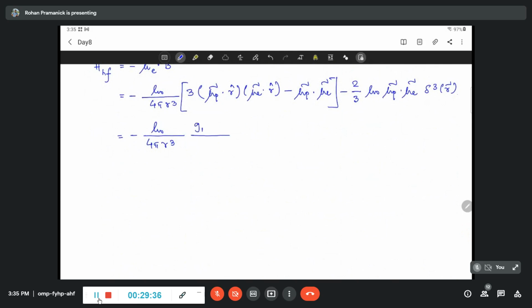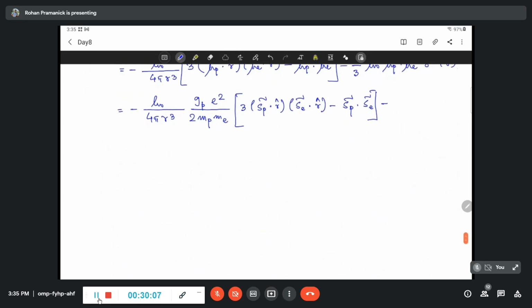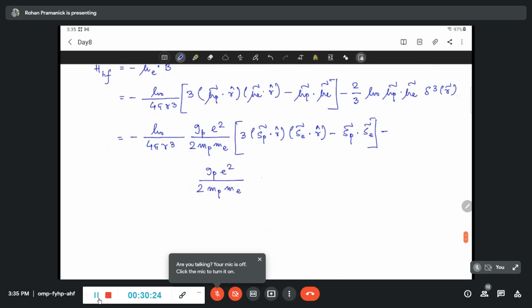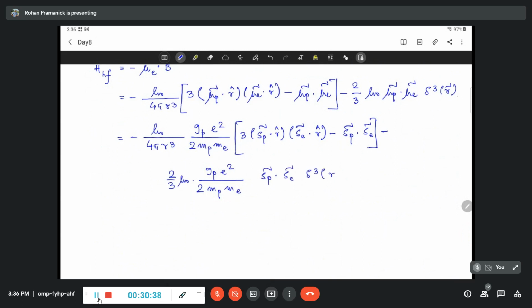So this is g_p e squared by twice m_p m_e, and the same expression: 3 (S_p dot r cap)(S_e dot r cap) minus S_p dot S_e, minus g_p e squared by 2 m_p m_e times 2/3 mu naught S_p dot S_e delta cube r.